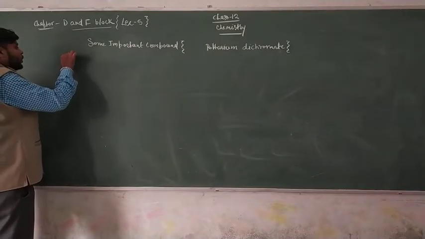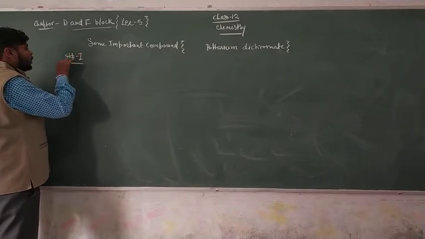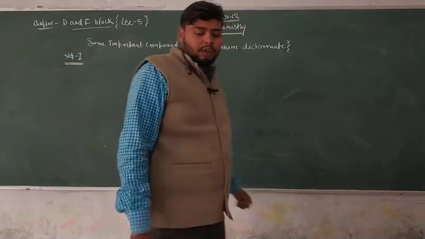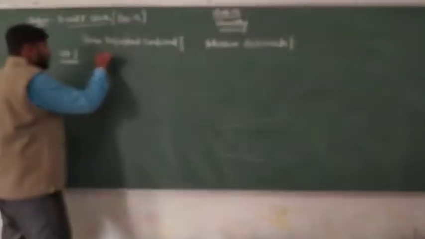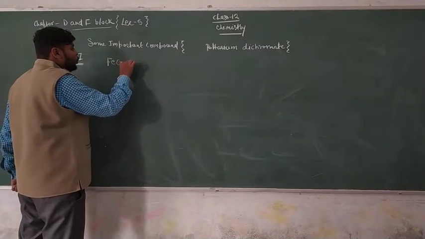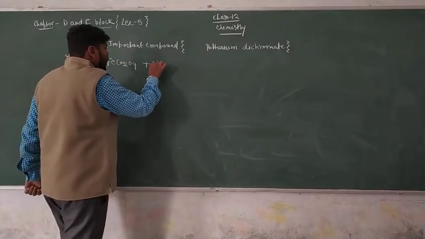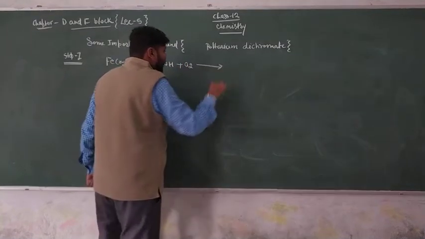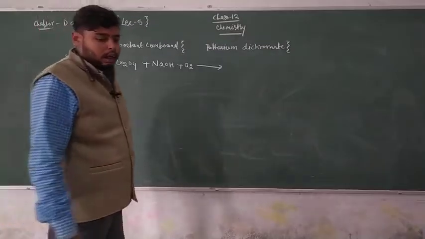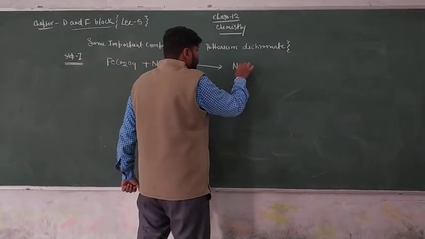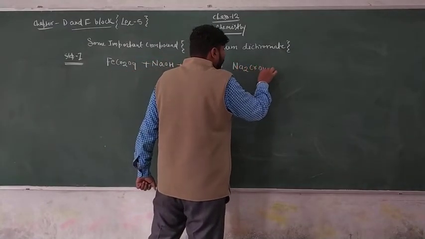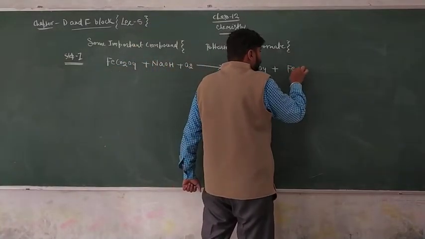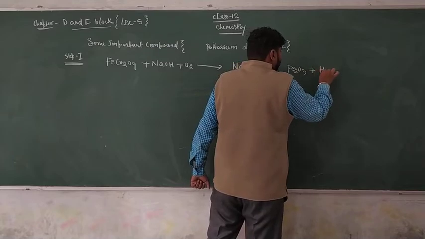Step 1. Our reaction is the formation of FeCr2O4 combined with NaOH plus O2, and our resulting product is Na2CrO4 plus Fe2O3 plus H2O.